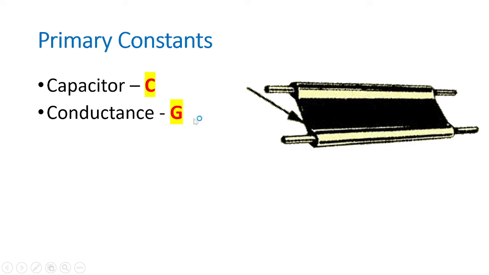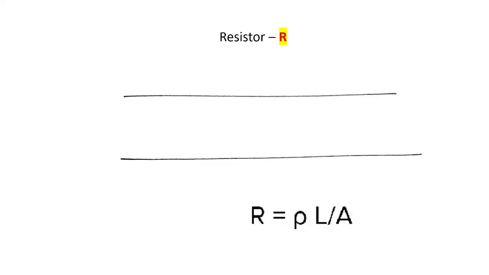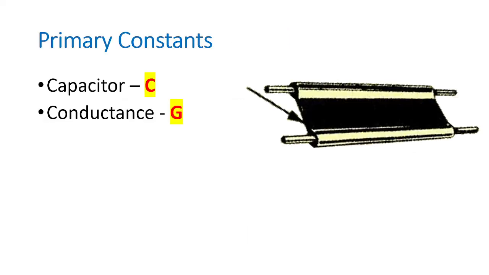Why do we call leakage a conductance? Because a resistor is nothing but the opposition to current, so we call it a resistor. And leakage is your conductance, because conductance is the inverse of resistance. So a resistor resists and a conductance leaks, so this is an opposite effect. So we consider conductance as a leakage in this transmission line.